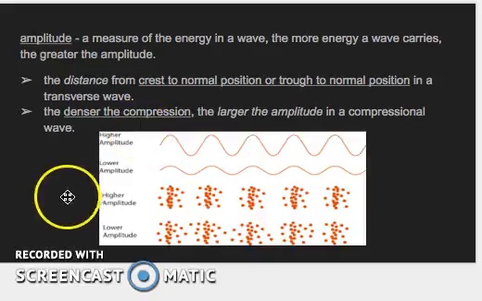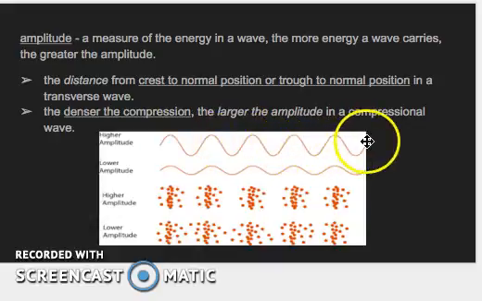Now, the normal position is kind of that equilibrium position that runs right down the middle of the wave, or the resting position. Now, the denser the compression, or the more squished together the particles of that medium are, the larger the amplitude in a compressional wave. Okay, so that has to do with how much energy is in there.